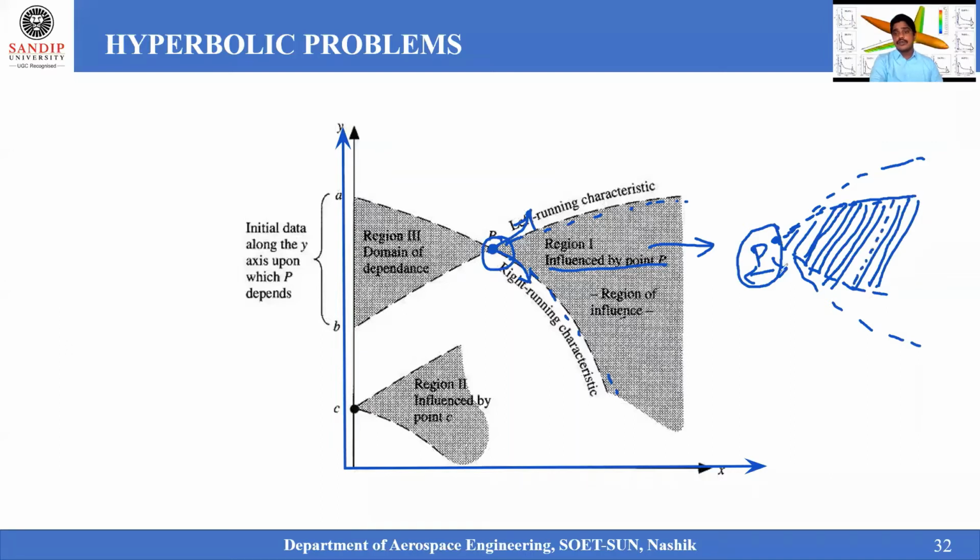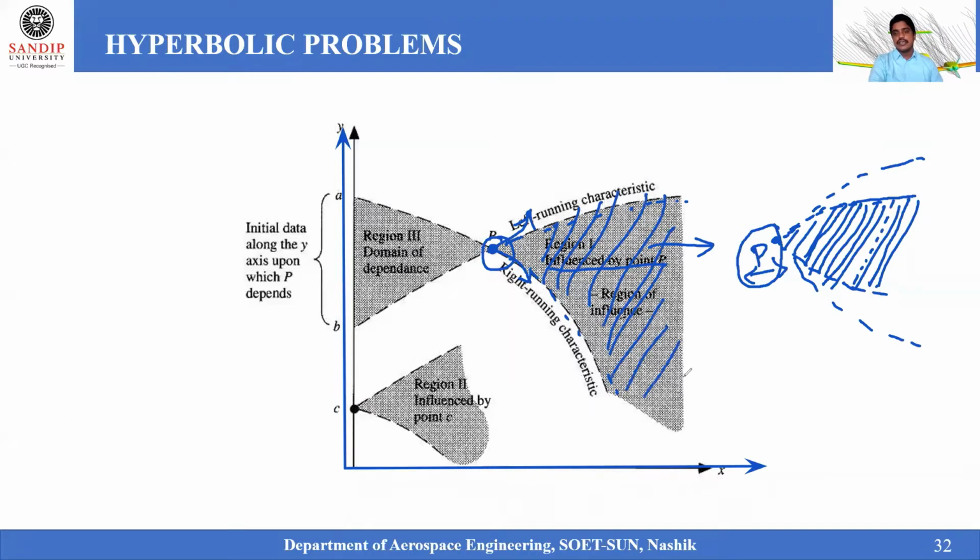So I have to hold at the point P. This complete shaded region is called the region of influence.